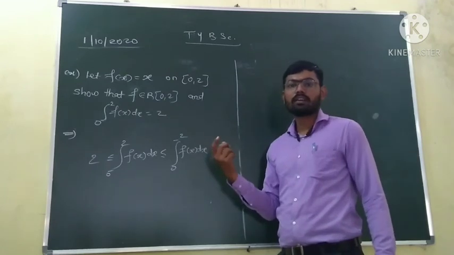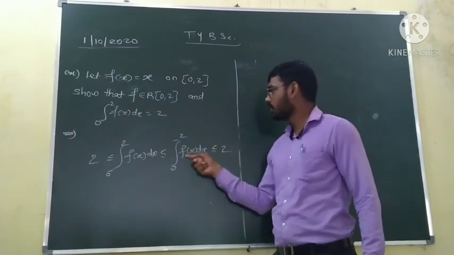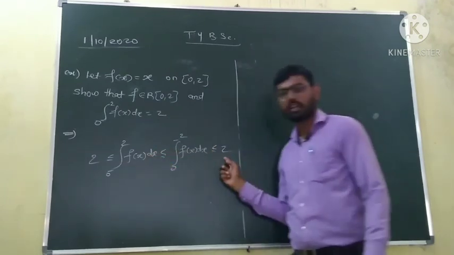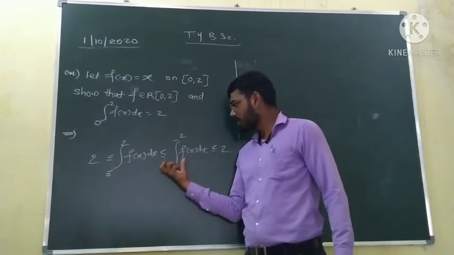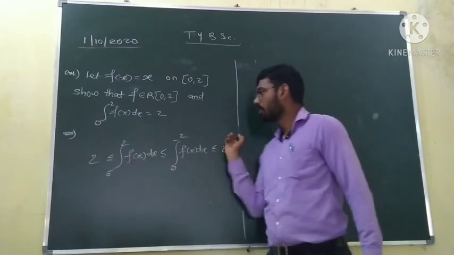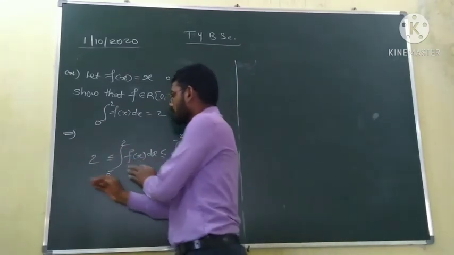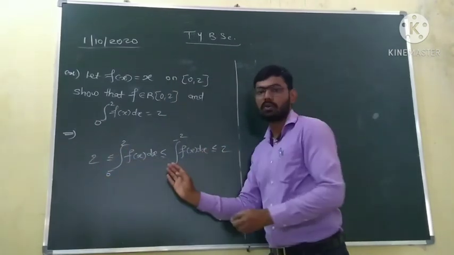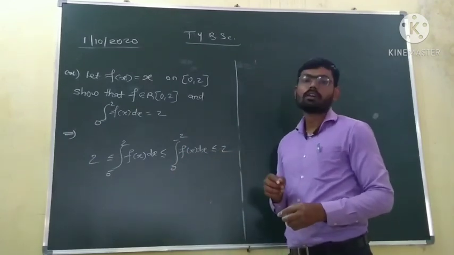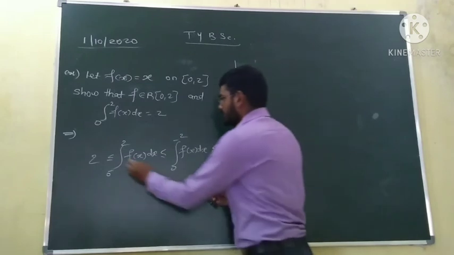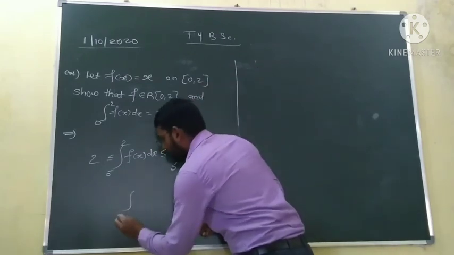What is the conclusion? That these two values must be equal to 2. There is only one option for this. This must be equal, and equal to 2. So there is only one conclusion, and that is that these two values are equal.